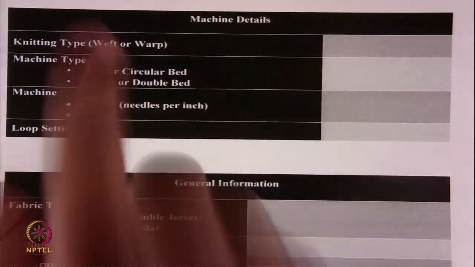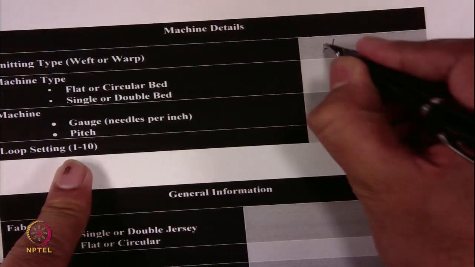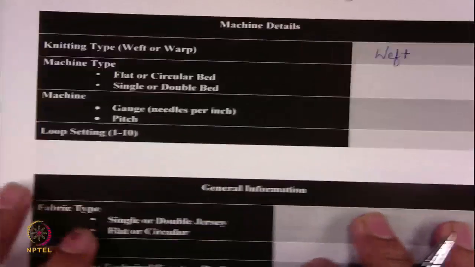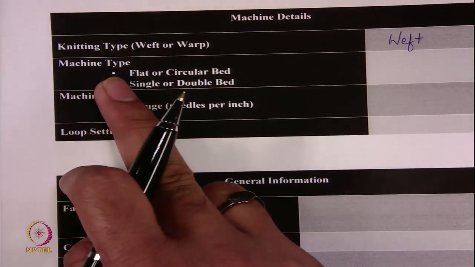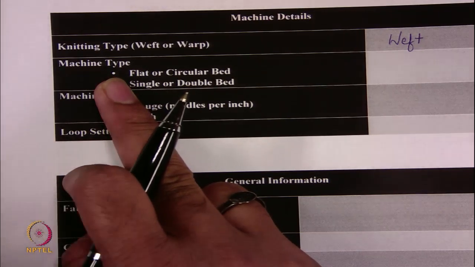the first thing is the knitting type, whether it is weft knitting or warp knitting. Naturally, we are focusing on weft knitting technology. So, this is weft knitting. Okay. Now, the machine type. I have shown you the machine which was used in this particular fabric production.